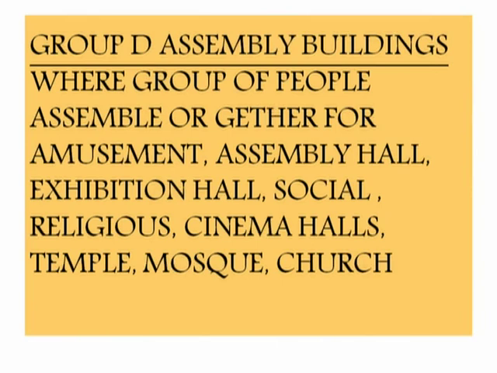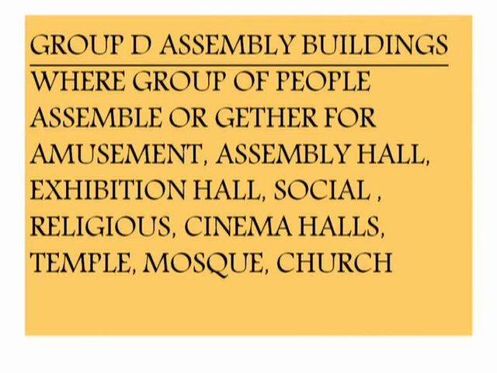They are assembled together. They may be gathering for the purpose of amusement. They may be gathered for a conference. They might have gathered for some other purpose like a marriage. They might have assembled for another social purpose. They might have a public meeting also.